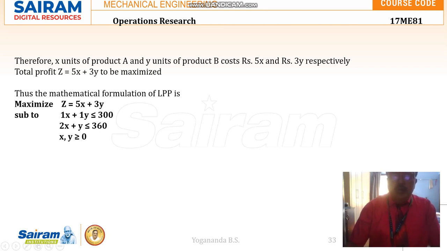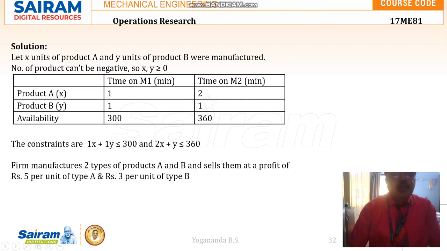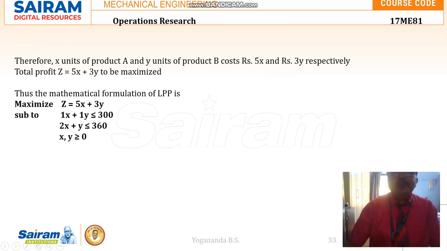Similarly, for 1 unit of B it is 3 rupees profit, so for y number of units of product B, it is 3y. So total profit Z is 5x plus 3y. Since the objective function is profit, it has to be maximized. So Z equals 5x plus 3y is to be maximized.